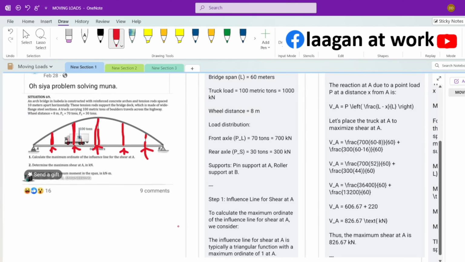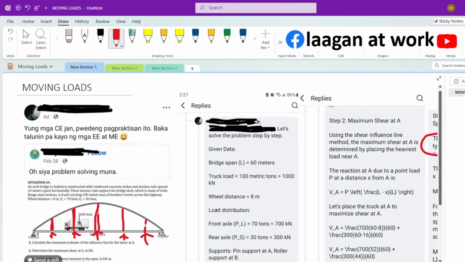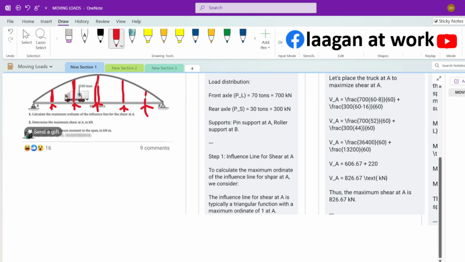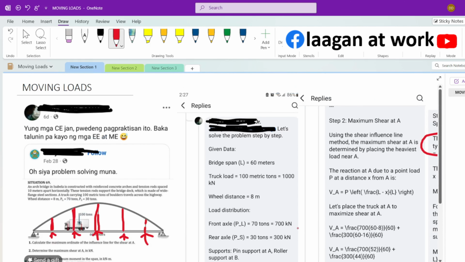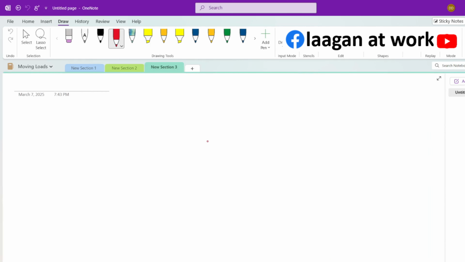So anyway, regarding the problem, the first question is calculate the maximum ordinate of the influence line for shear at A. Now his calculation says, to calculate the maximum ordinate of the influence line for shear at A, we consider the influence line for shear A typically a triangular function with a maximum ordinate of 1 at A. So basically what he means is, if this is your bridge, now we will assume that there are no intermediate supports or the suspended tension rods.